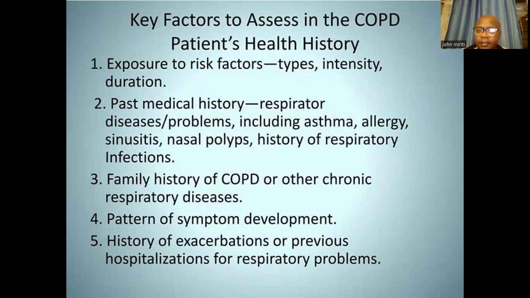And also you have to ask the pattern of symptoms development, what started with the chest, then cough, then difficulty in breathing. Is there a history associated with the factors which are exhibiting the conditions?